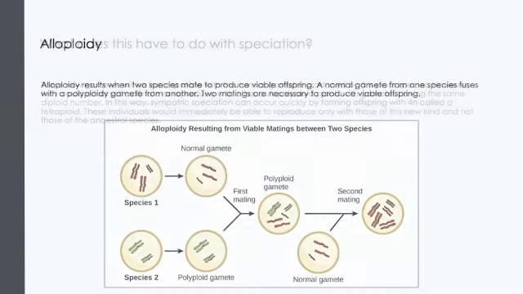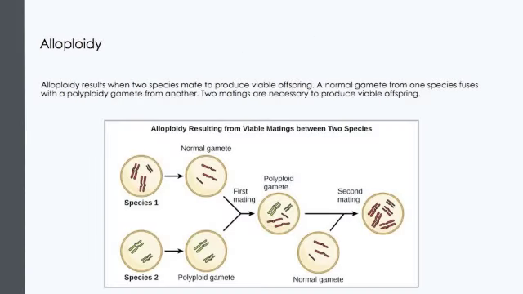In this way, sympatric speciation can occur quickly by forming offspring with a 4N genome, which is called a tetraploid. These individuals would immediately be able to reproduce only with those of this new kind and not those of the ancestral species.